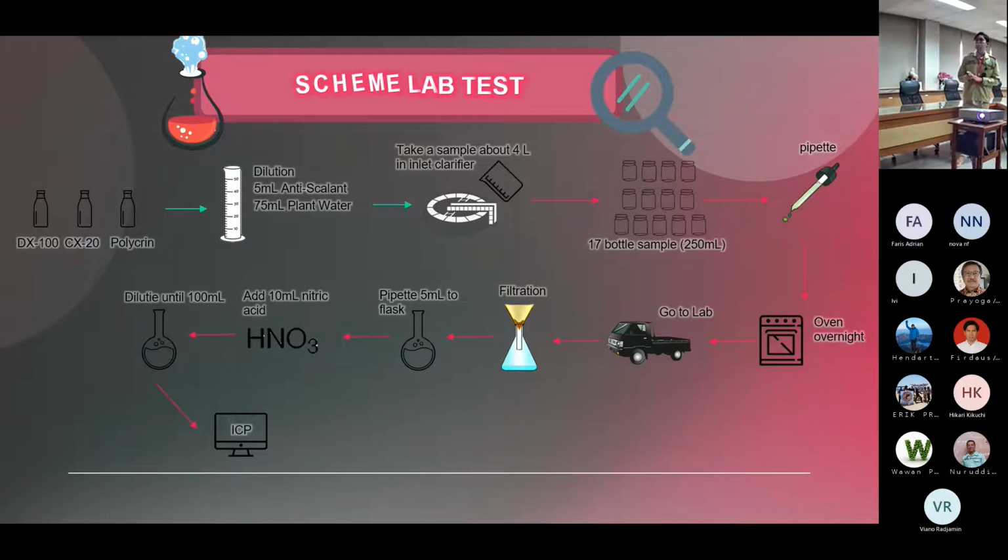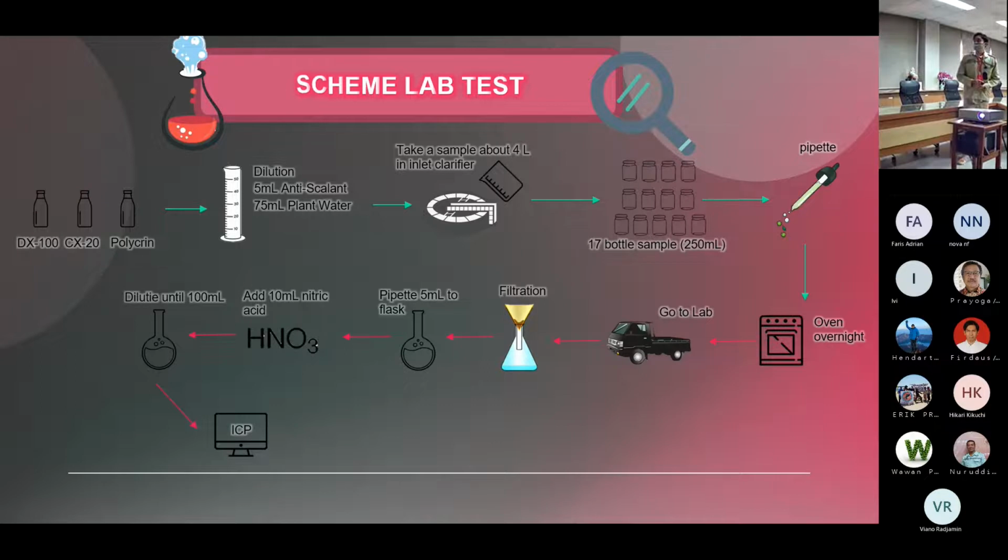Then we pipette 5 variants of those into the blank sample. So we end up with 17 total samples, consisting of 5 DX100, 5 CX20, 5 polygreen, 1 blank sample, and 1 plain water. We then stored them in the oven at an approximate temperature of 50 degrees Celsius overnight.